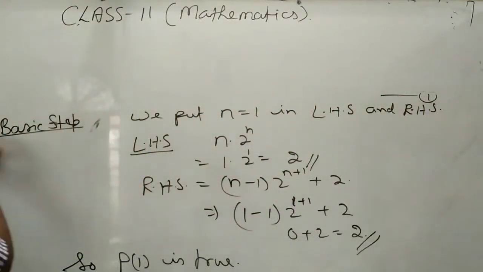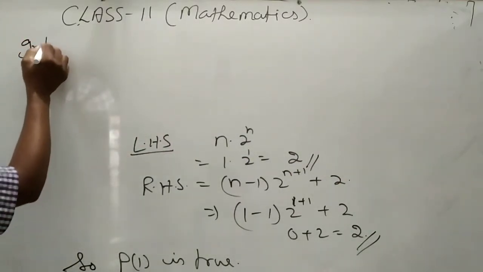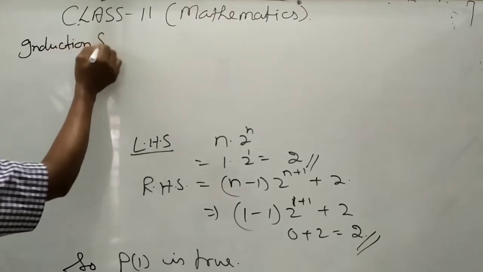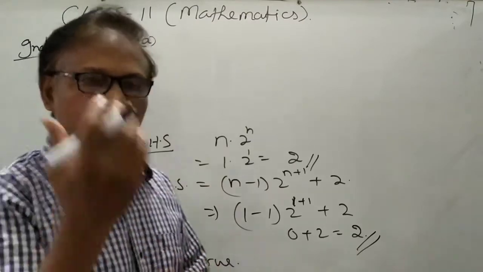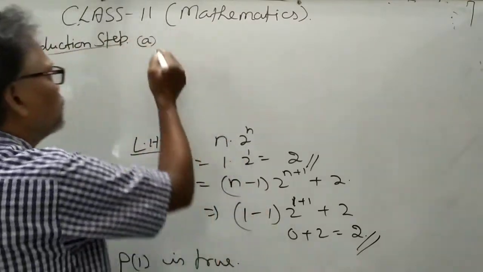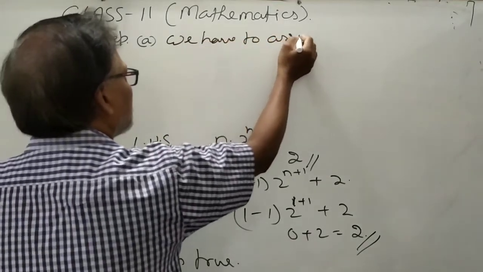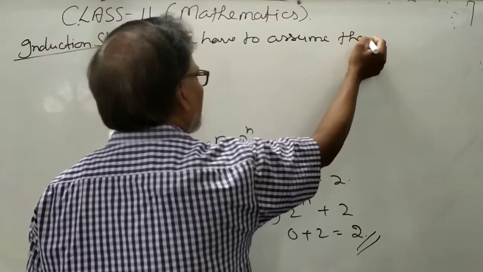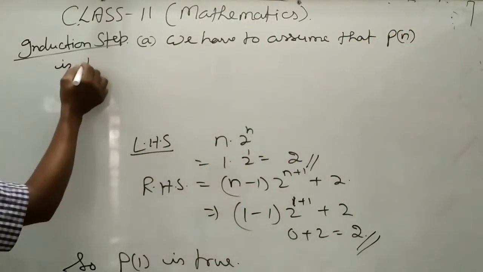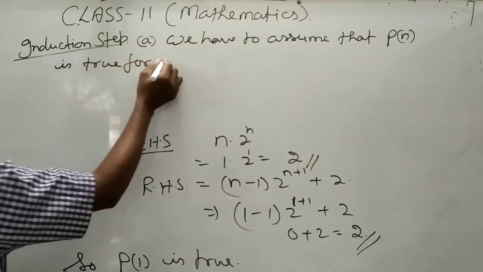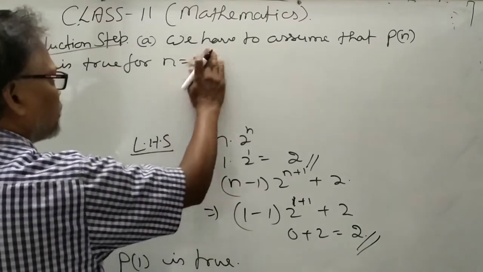Now, the induction step. First, you have to write the same sentence. We have to assume that Pn is true for n equal to m.